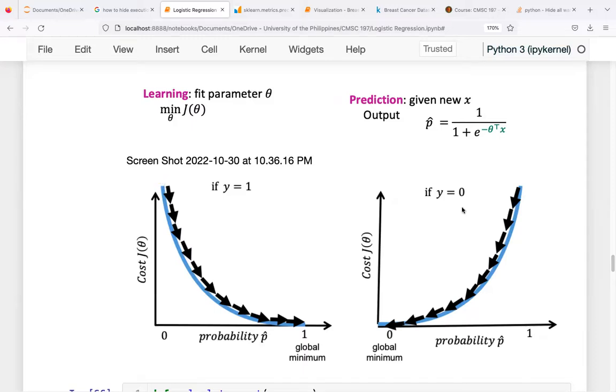But if the true label is equal to 0, or in this case, if the true label is benign, then we want the probability to be close to 0. Okay, and the global minimum is also 0. Because as you can see, if the true label is 0 and the probability is getting closer to 1, then the cost is also increasing.